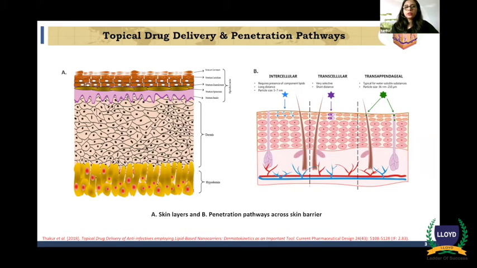If we talk about the oral as well as the parenteral routes, they have been associated with a number of disadvantages. The oral route is mainly accompanied by the effects of first pass hepatic metabolism, as well as the poor bioavailability.